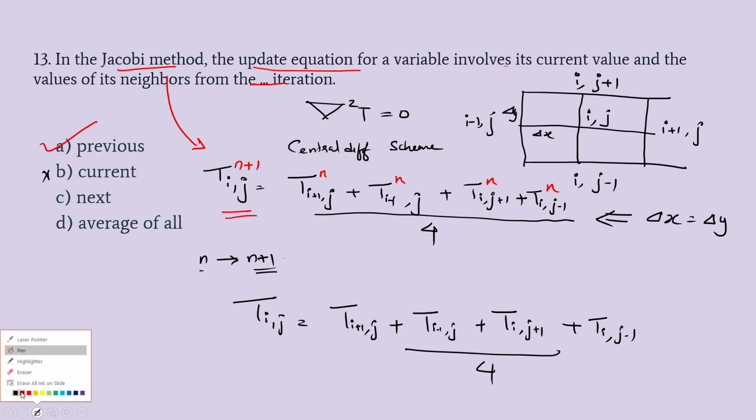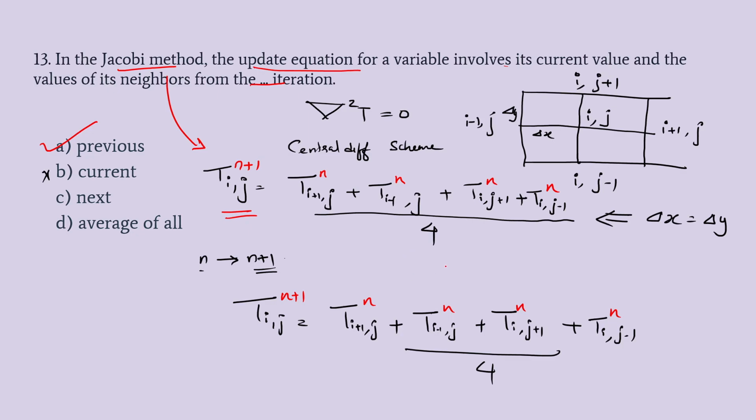To find the n plus 1th iteration, the value of T i j at the n plus 1 step, if it is all taken from the previous step, then it is Jacobi.